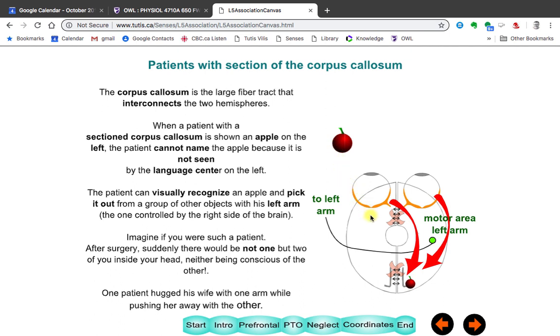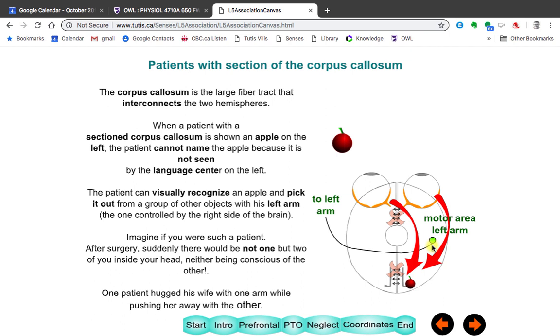So this is sort of the difficulty that a patient like that would have. The other thing to think about is that if you have a patient like that, and one side is separated from the other, you in a sense imagine having two of you in one head.